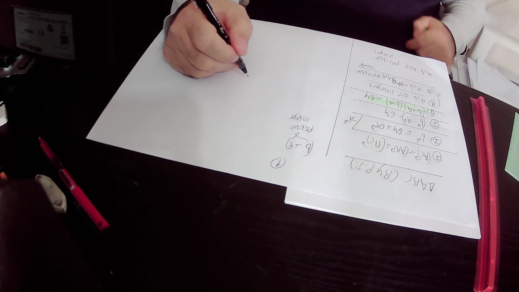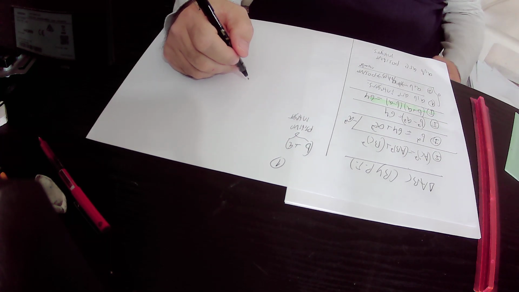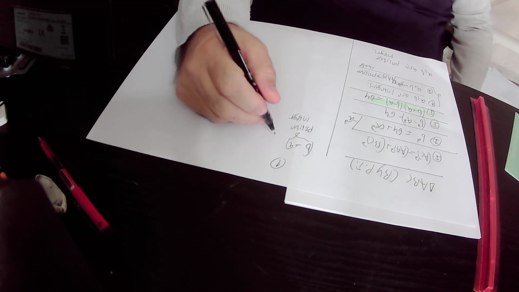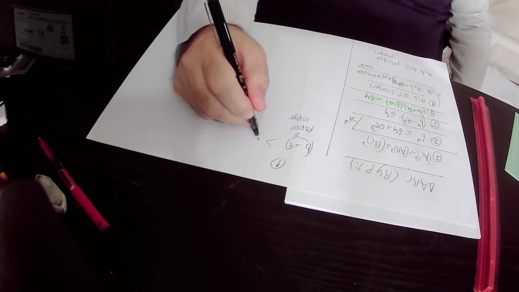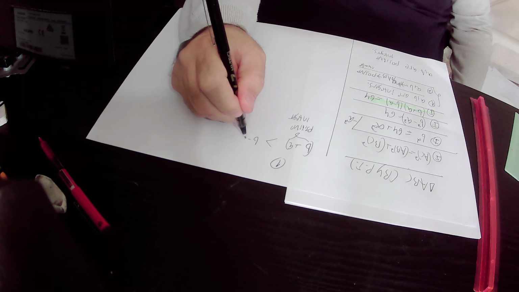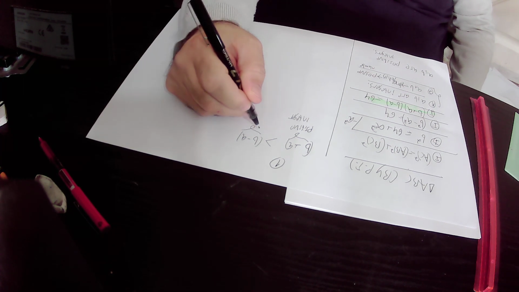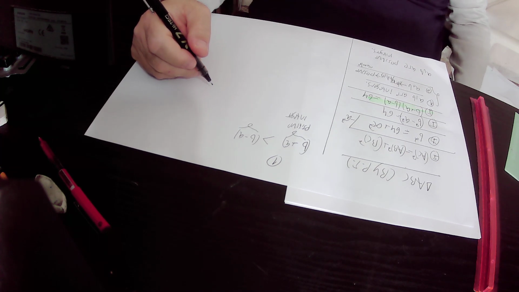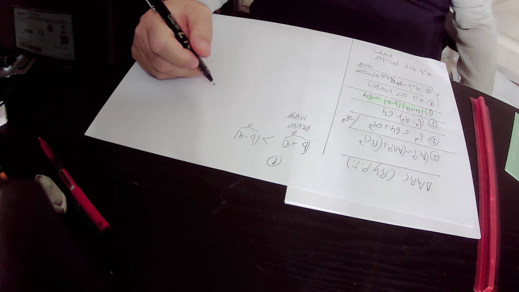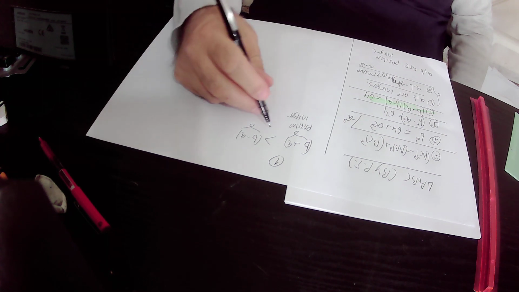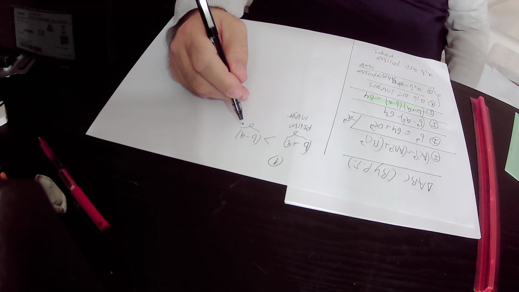So actually, B plus A must be greater than B minus A for the simple reason that when you add two positive integers to each other, the result will always be greater than when you subtract them from each other. Therefore, B plus A must be greater than B minus A.